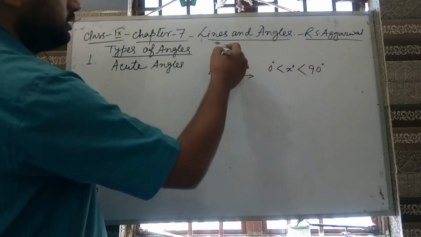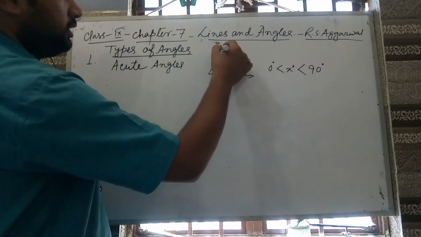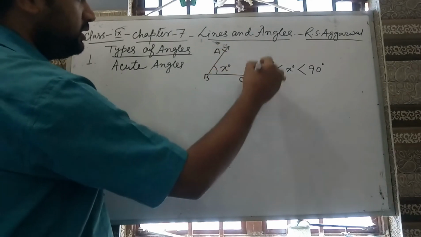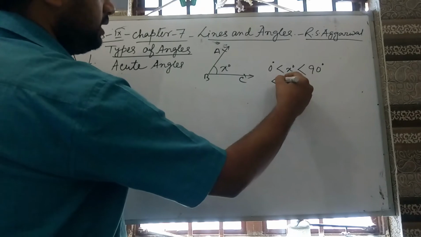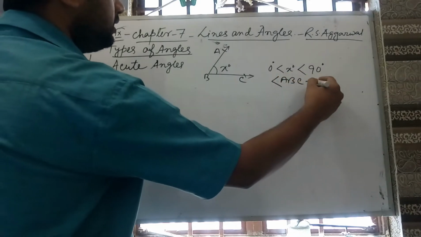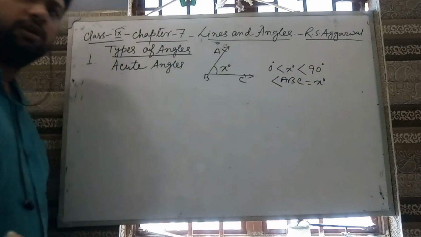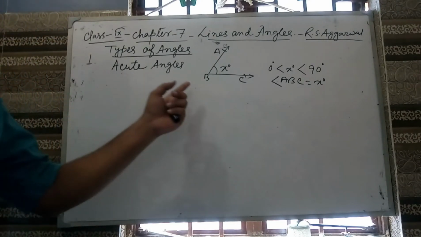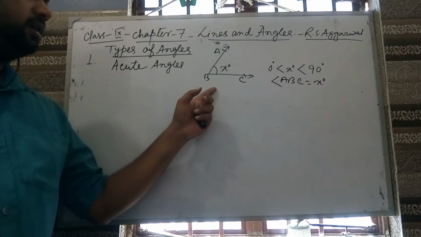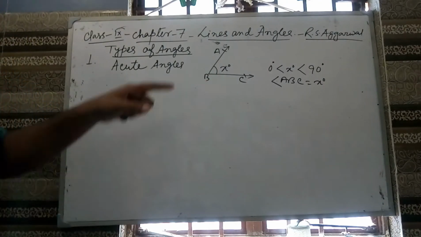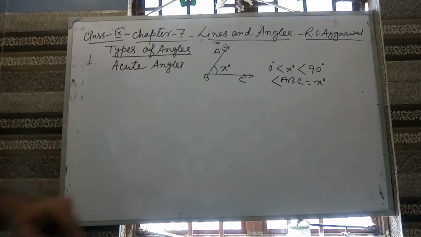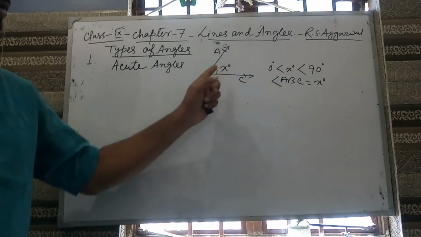If we write the name of the angle like A, B, C, then the value of angle ABC is x degree. Remember, whenever you have to mention an angle, you have to write it in such an order that the point at which the angle forms is in the middle.